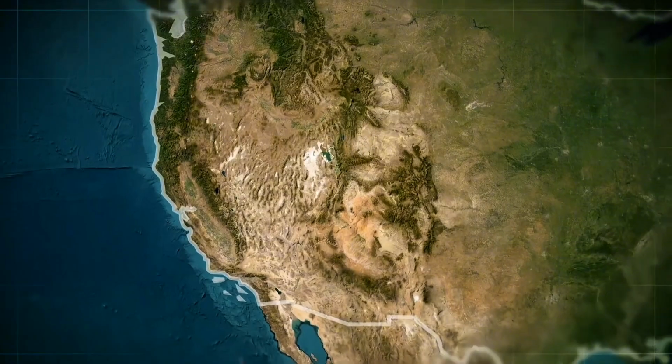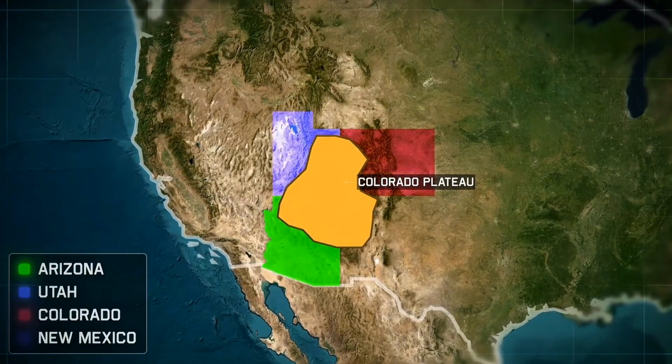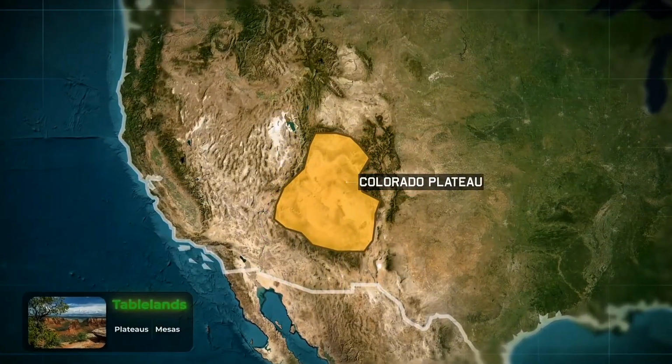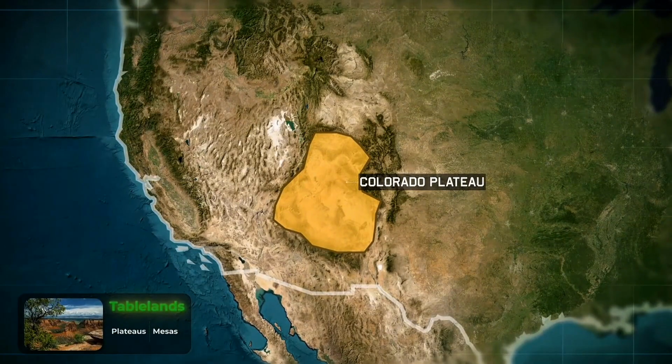Another significant physical feature is the Colorado Plateau. It extends across the southwestern United States and includes Arizona, Utah, Colorado, and New Mexico. It comprises a series of tablelands including plateaus and mesas, located within an immense basin surrounded by highlands.